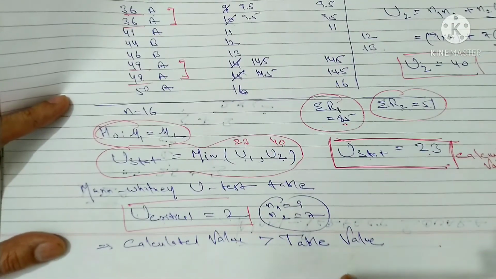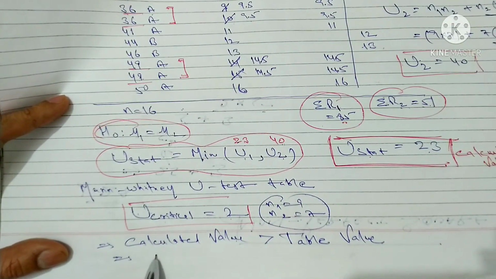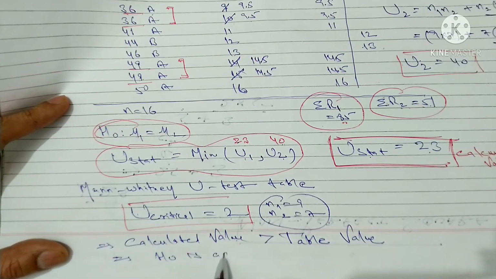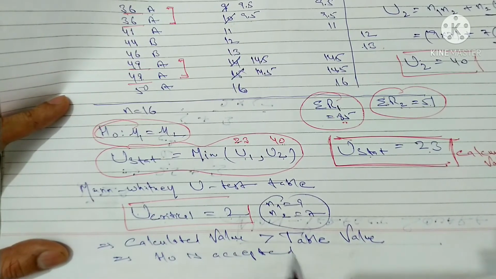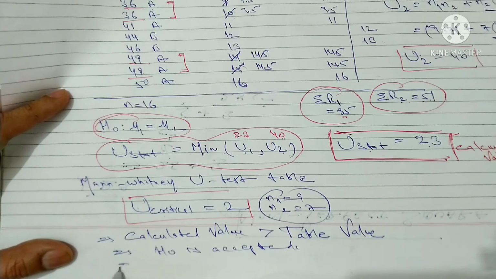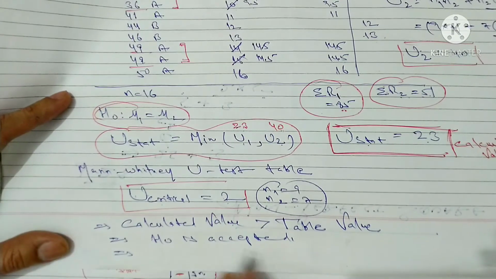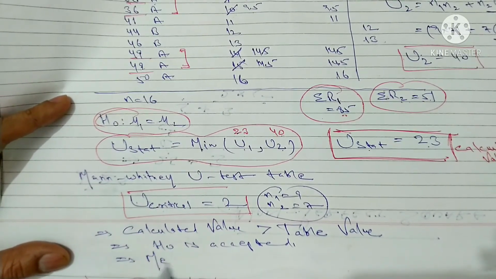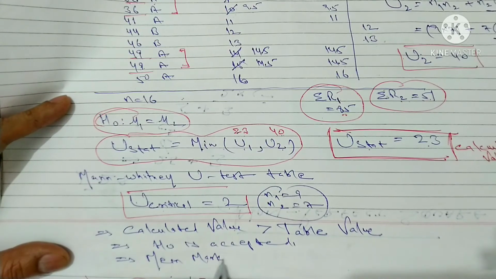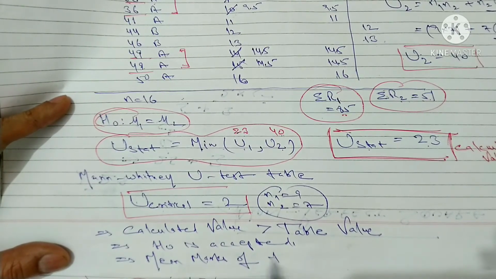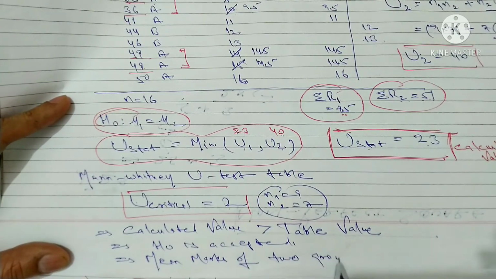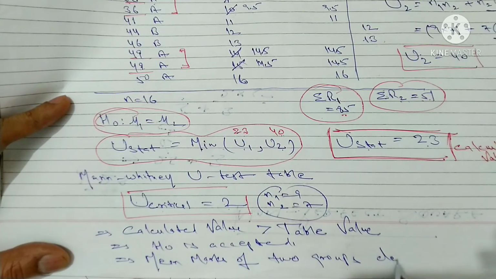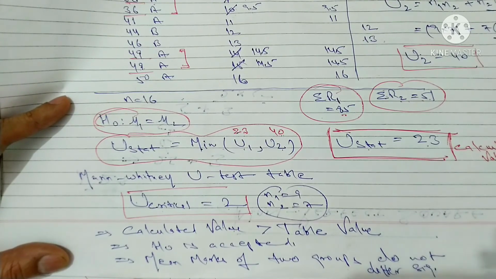Our calculated value is greater than the table value, which means H naught is accepted. So we can conclude that the mean marks of the students of the two groups do not differ significantly.